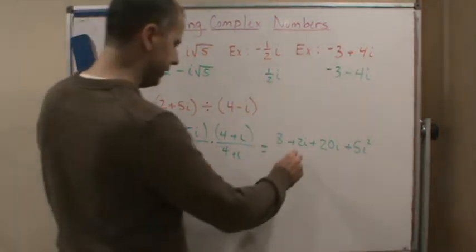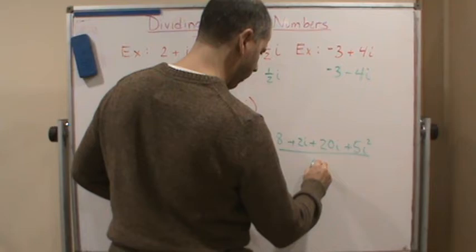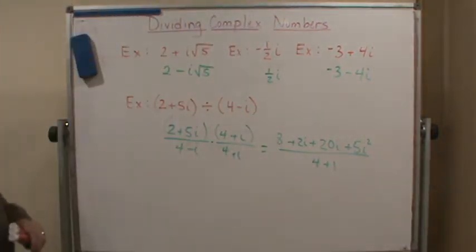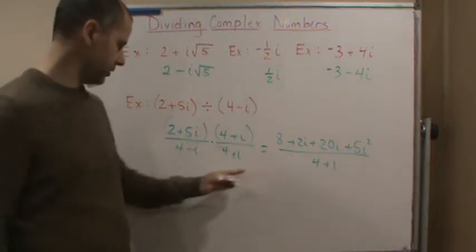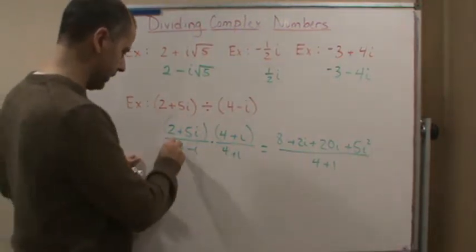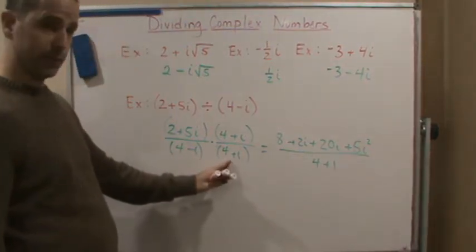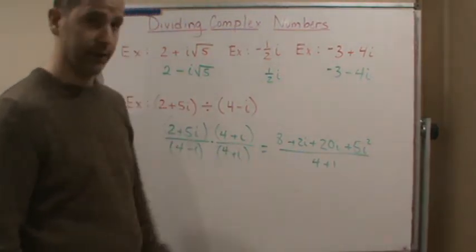And then on the bottom, I'm going to get 4 plus 1. Again, if you want to see that, just FOIL these out, multiply 4 minus i times 4 plus i, and you'll get 4 plus 1.